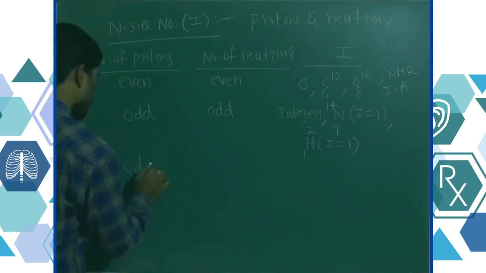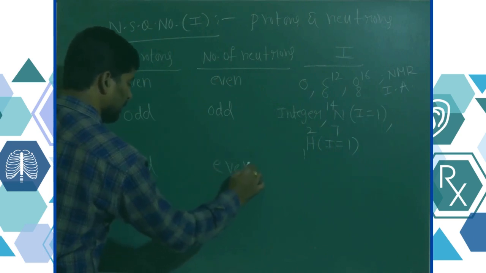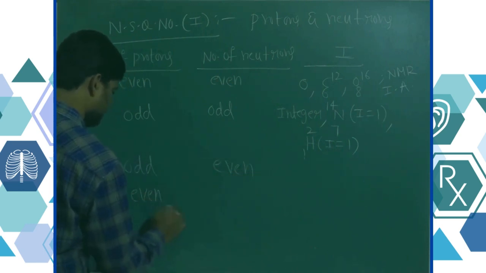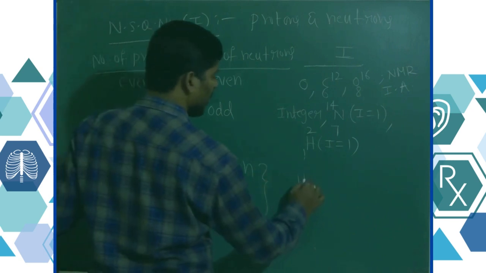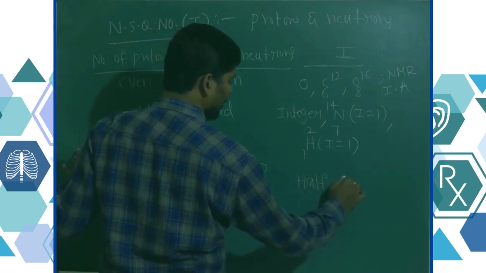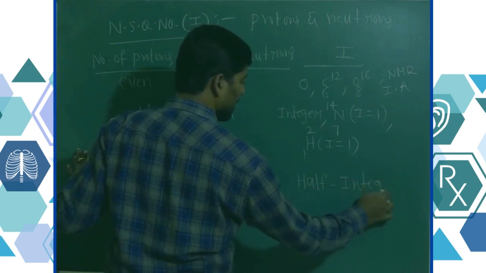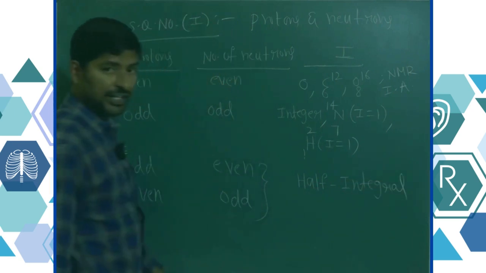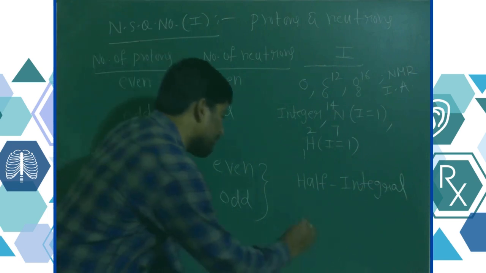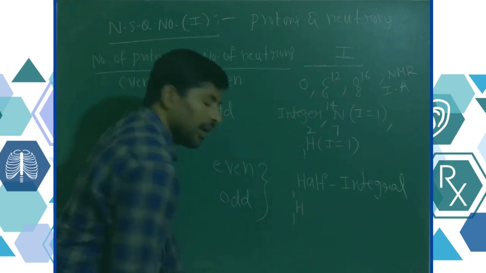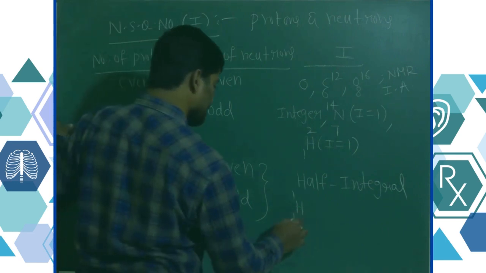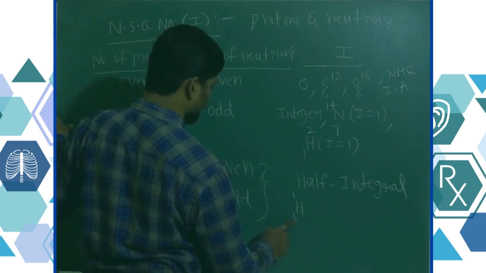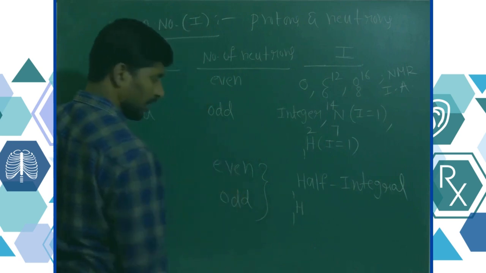Next, if you take a combination of odd and even, or even and odd, we get half-integral spin. For example, H 1 1, hydrogen, proton NMR spectroscopy. The number of protons is 1 and neutrons are 0, even.